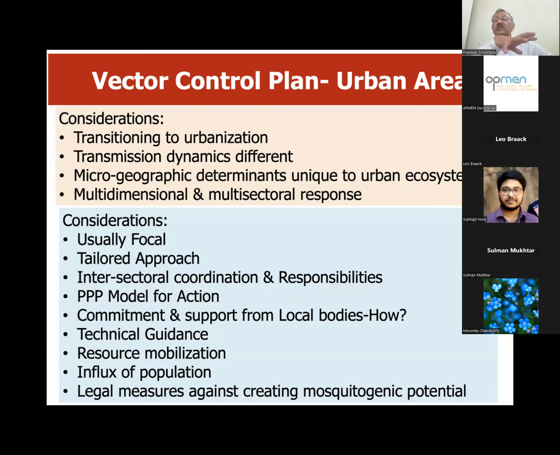So what we have to consider when making the plan is that in different rural areas, rapid urbanization is taking place. The transmission dynamics are different in urban areas. For stephensi-transmitted malaria, there are micro-geographic determinants. For example, it is very unique in the urban system.